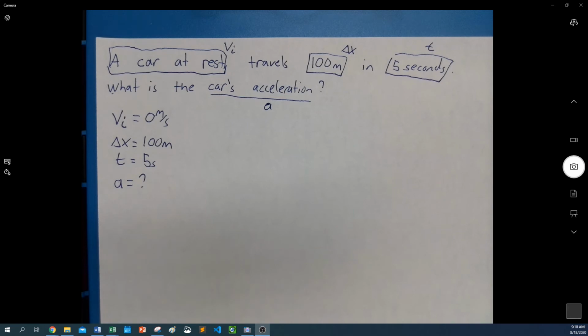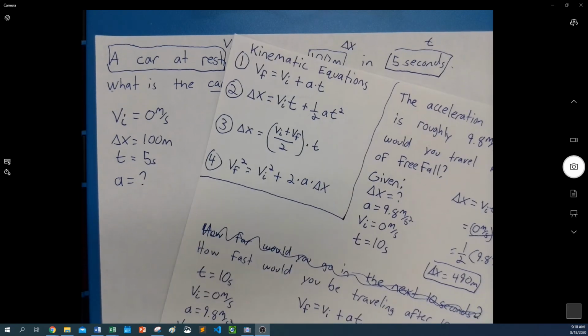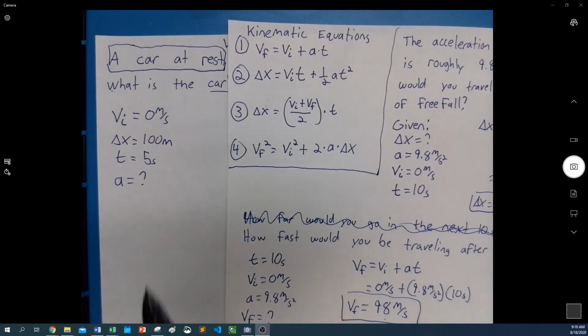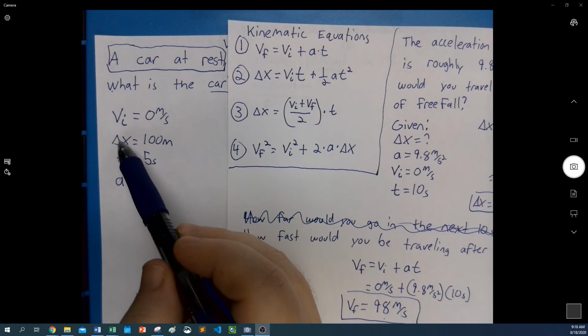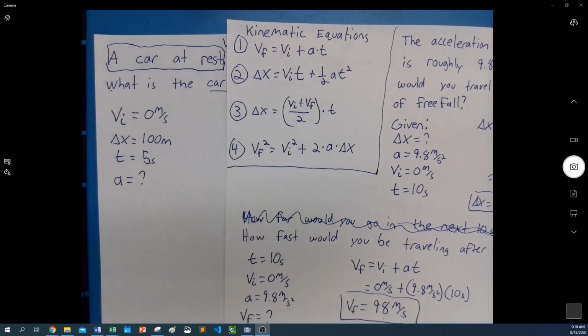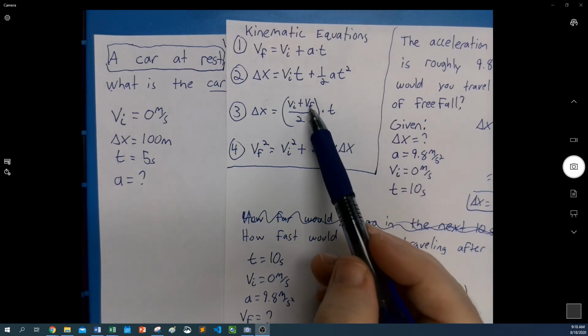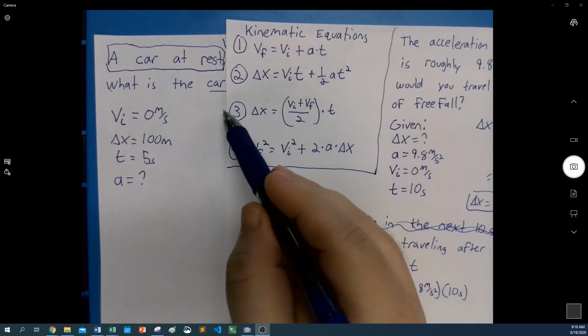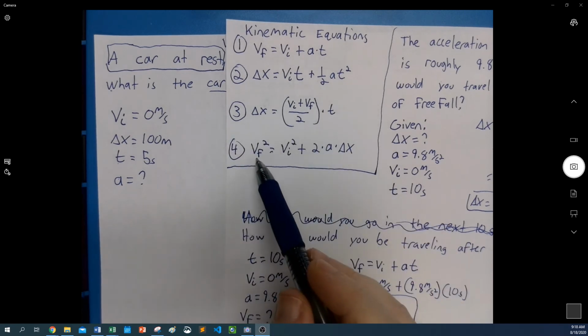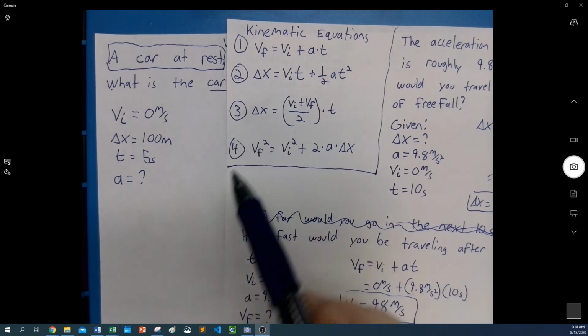Now we look back at our list of equations. We are trying to find acceleration, and we are given VI, delta X, and T. Do we know anything about VF? No. So this has a VF in it, we would not use it. This has a VF in it, we do not use it.